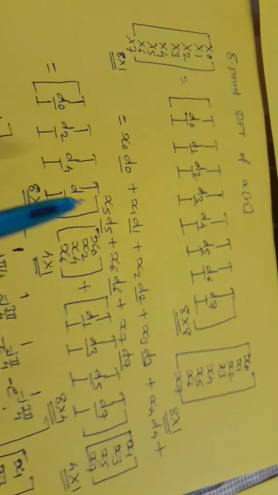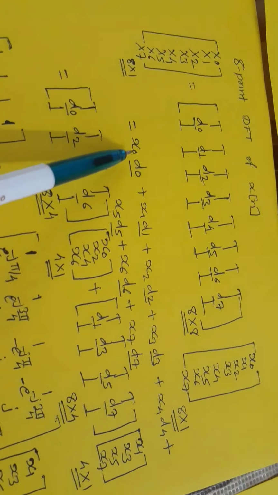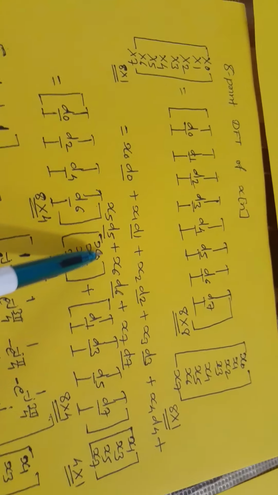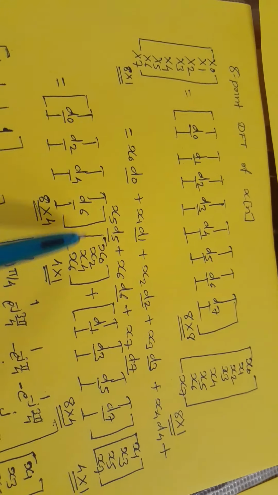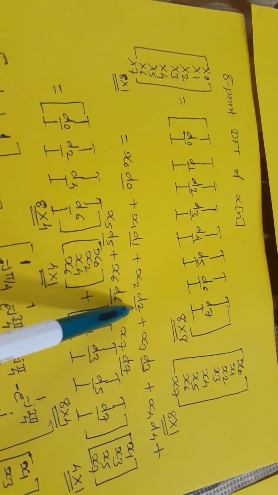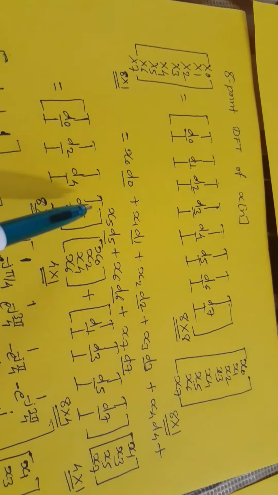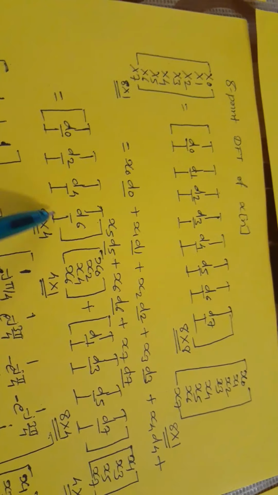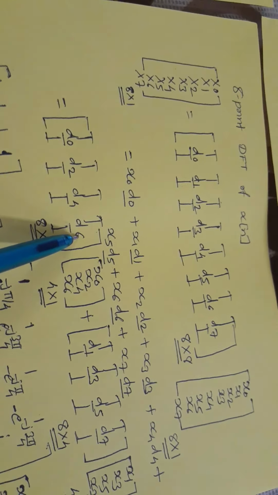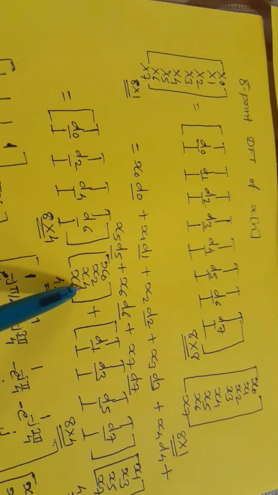They add up to a single column, which is nothing but the 8-point DFT. Now we apply decimation in time. We take the x0, x2, x4 and x6 samples together in one column. If we separate them out, we can write x0 d0 plus x2 d2 plus x4 d4 plus x6 d6. That is an 8 cross 4 matrix of d0, d2, d4, d6 multiplied by the vector x0, x2, x4, x6.